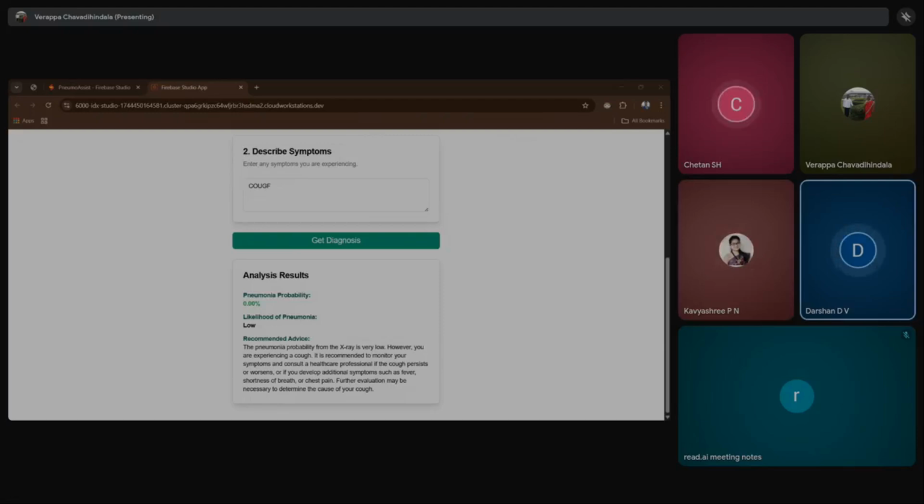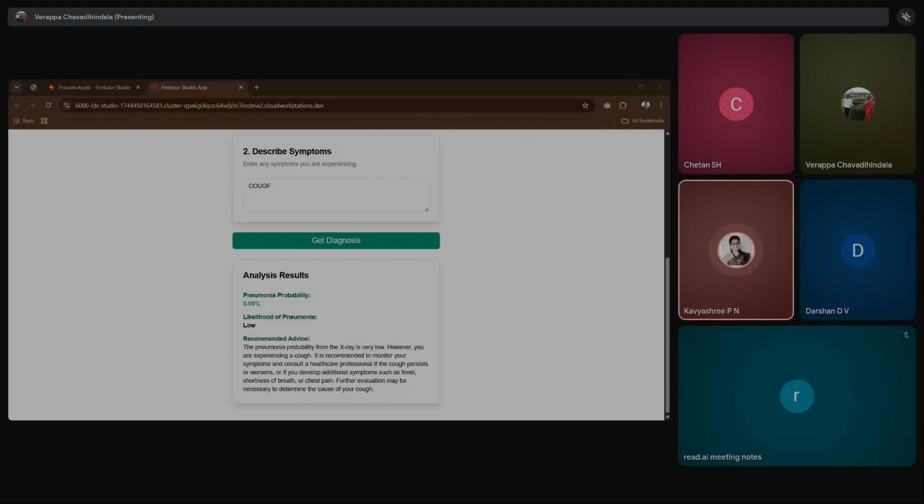Ma'am, pneumonia and normal images, both are taken in the image, ma'am. Then it detects black spots in the images, and it detects whether pneumonia is there or not, ma'am.